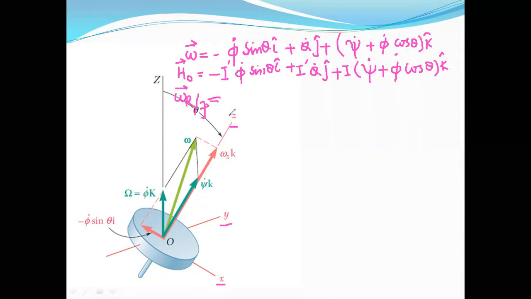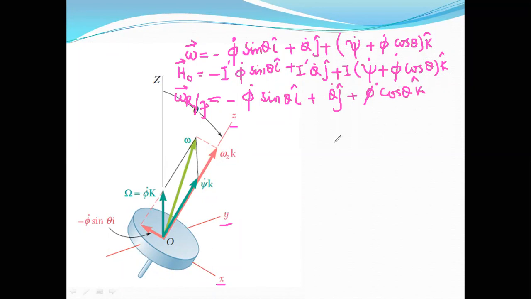It was equal to minus phi dot sine theta I cap plus theta dot j cap plus phi dot cos theta k cap.